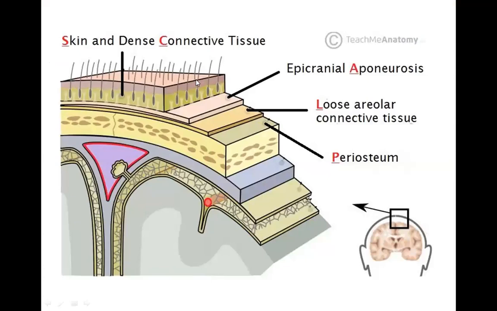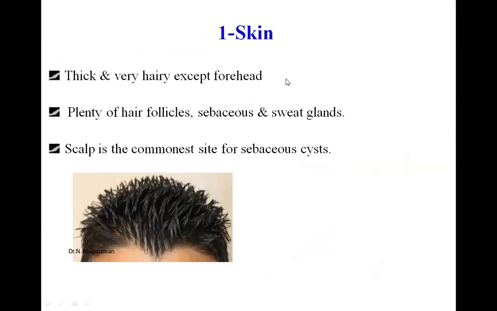In this diagram, you can nicely appreciate the 5 layers of the scalp: skin and the connective tissue, then aponeurosis, that is the epicranial aponeurosis, then loose areolar tissue and the periosteum. First, we will see the skin. Skin of the scalp is thick and very hairy except the forehead.